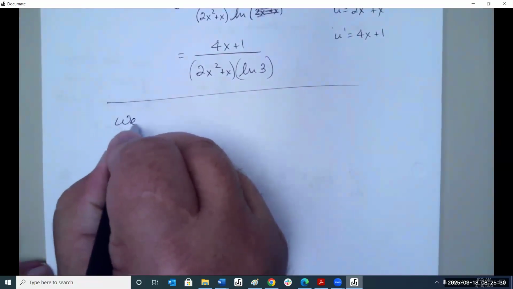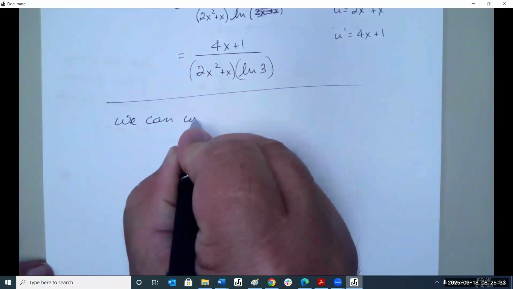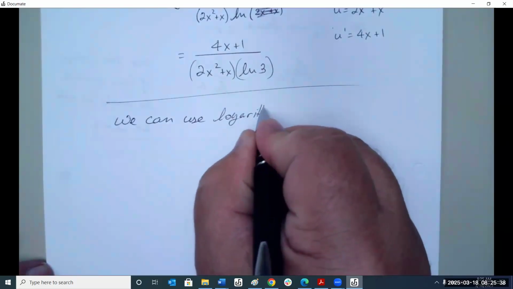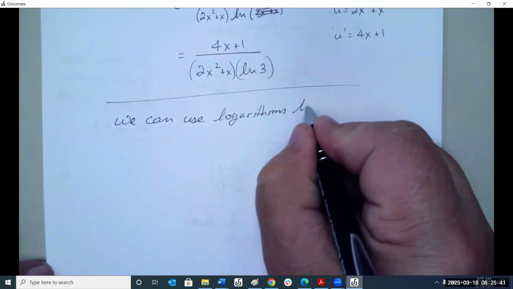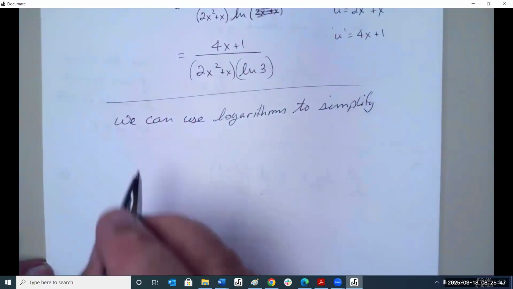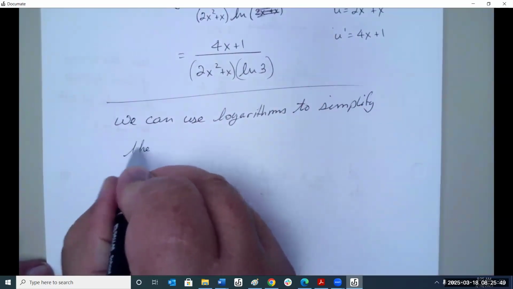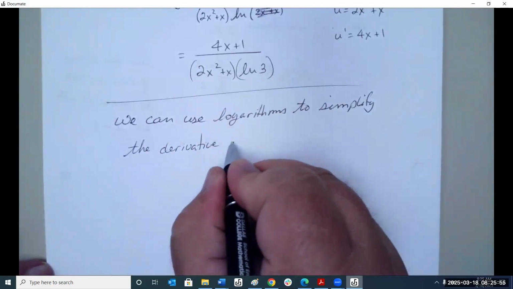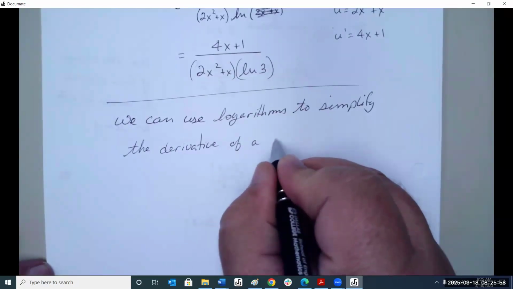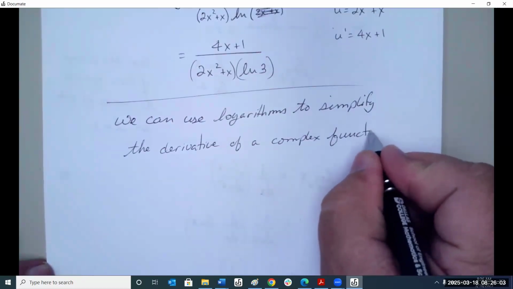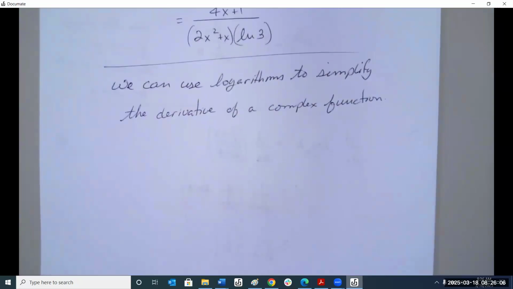Well, we can use logarithms to simplify the derivative of a complex function. By complex, I simply mean that it has a lot of parts to it.